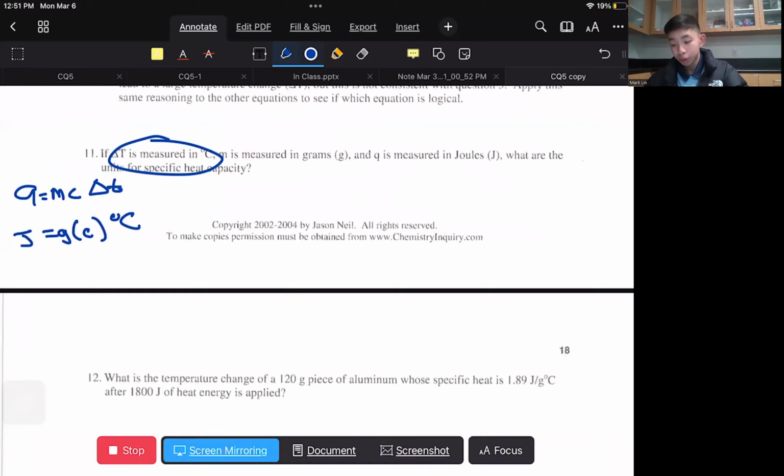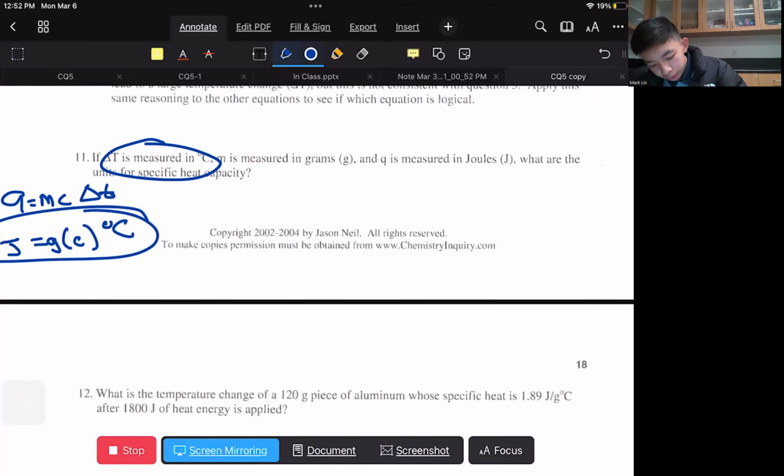So when we're looking at what are the units for C, it has to cancel out. One has to equal the other. For C, it has to cancel out grams and degrees Celsius.